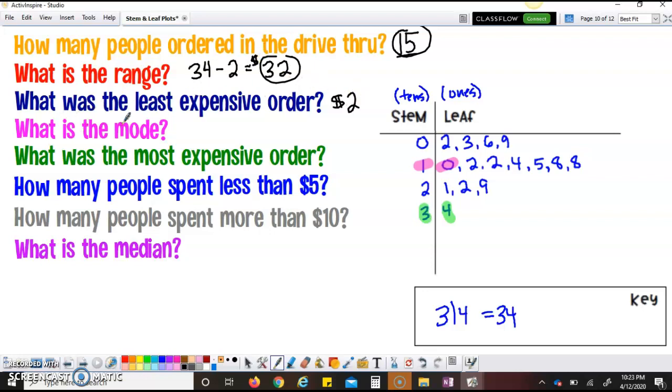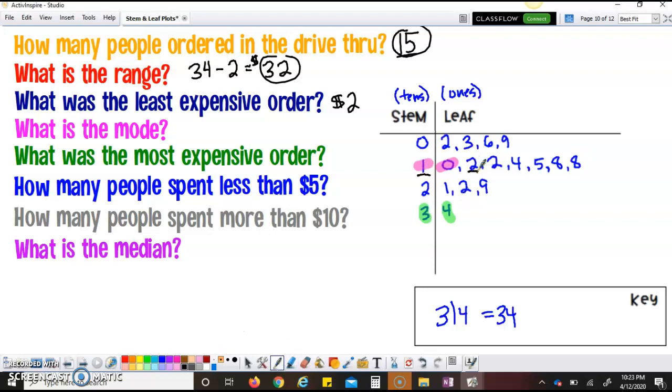Okay, what is the mode? Okay, so remember, mode is the number or numbers that occur the most often. Okay, so 2, 3, 6, 9, 0. I'm sorry, this 0 means 10. So 10, 12, 12, 14, 15, 18, 18. Okay, so we've got, let me get a different highlighter.